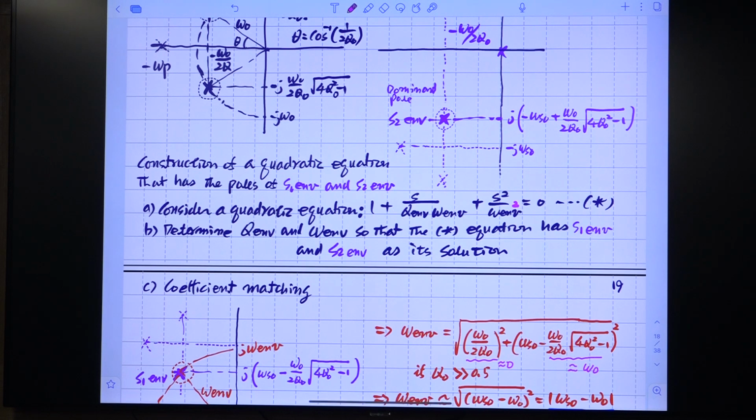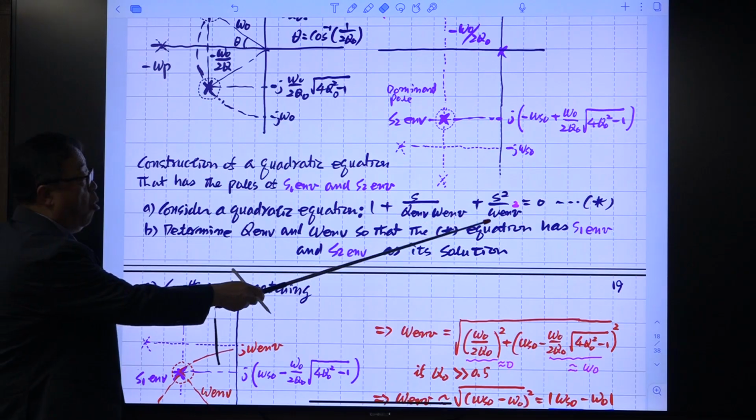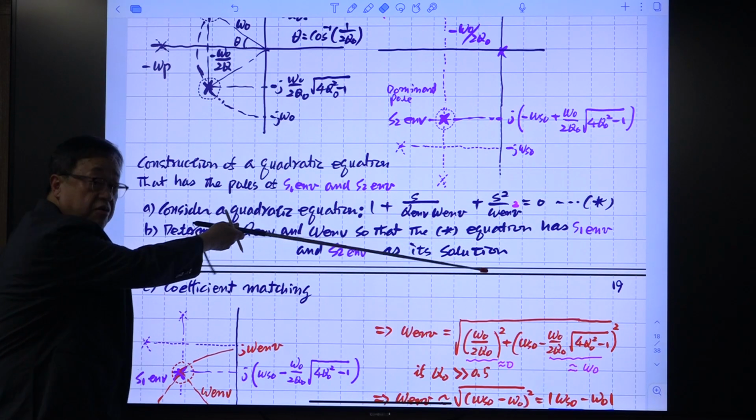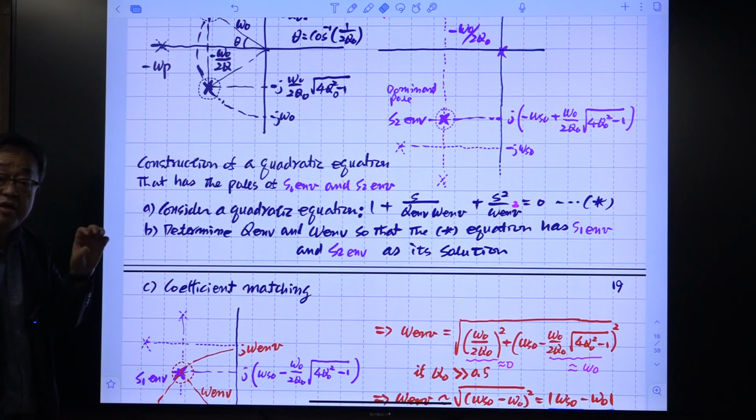I need a 2 here, so that was missing. Then if we find this Q,ENV and omega,ENV, we have the equation for the denominator of the transfer function.